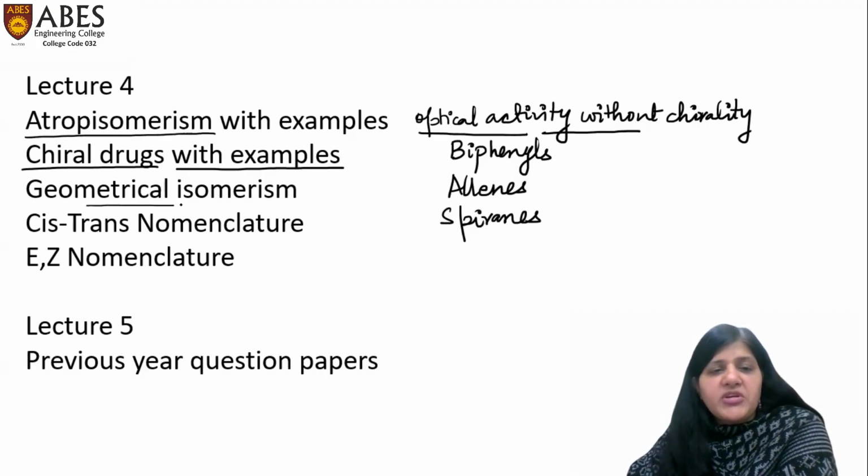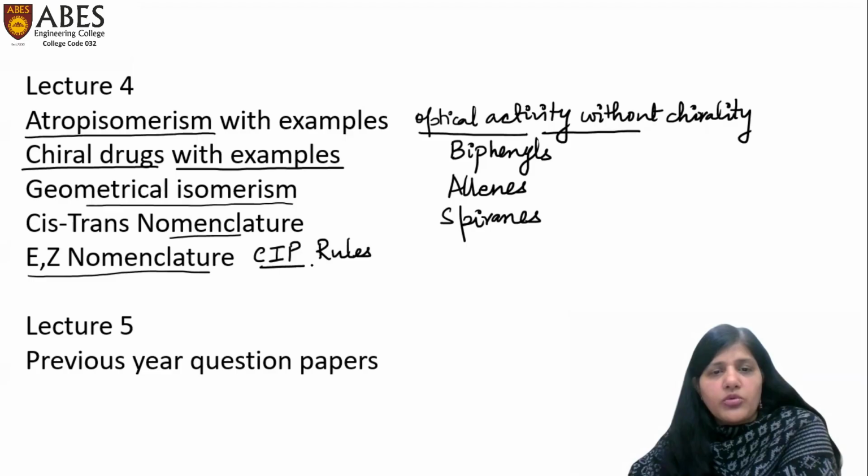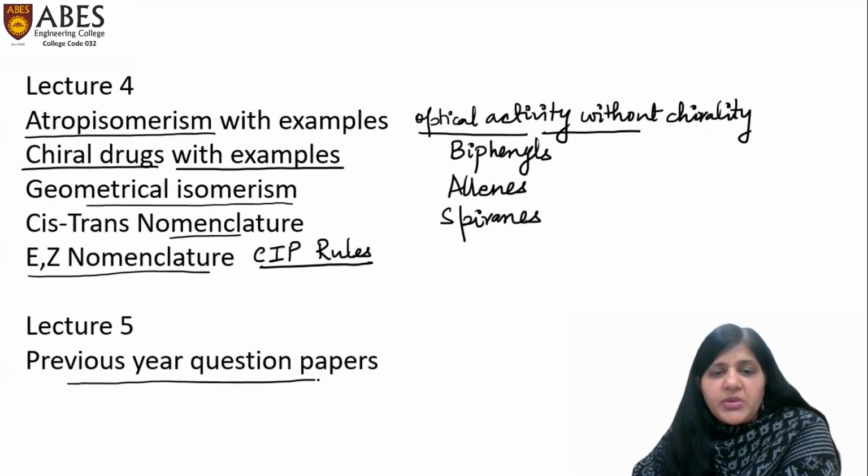Then there will be geometrical isomerism, that is cis-trans nomenclature. Along with this, there will be a discussion of the E-Z nomenclature on the basis of the CIP rules, Cahn, Ingold, and Prelog rules. Then Lecture 5 will contain the discussion on the previous year question papers or the frequently asked questions in the university examinations.